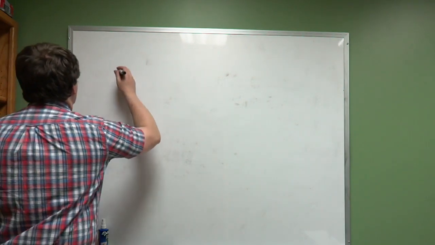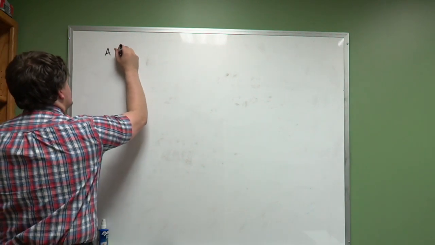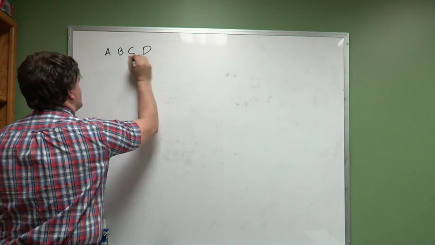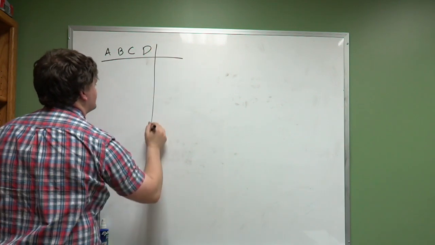However, let's do a new truth table. This time we have 4 inputs, A, B, C, and D. Okay?